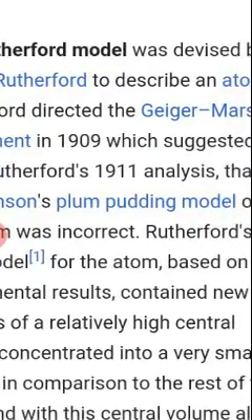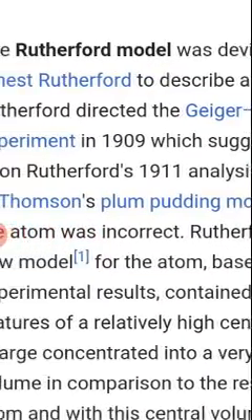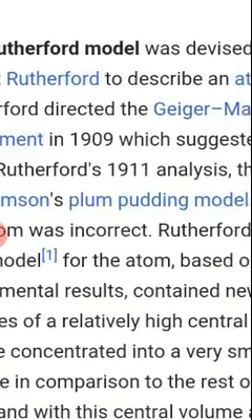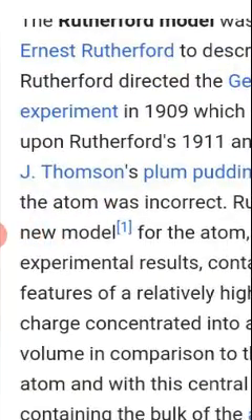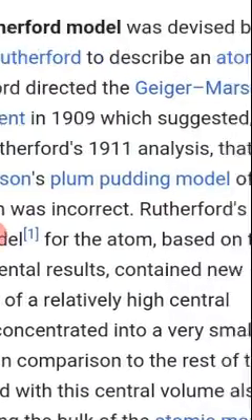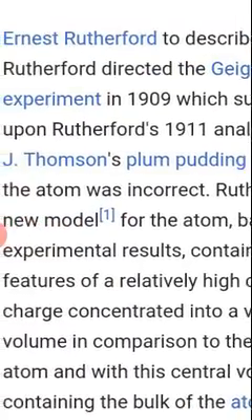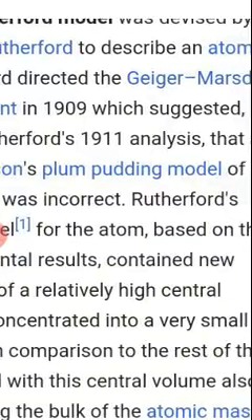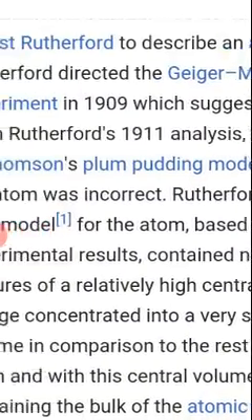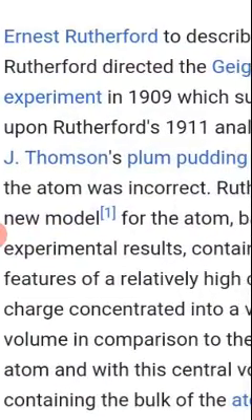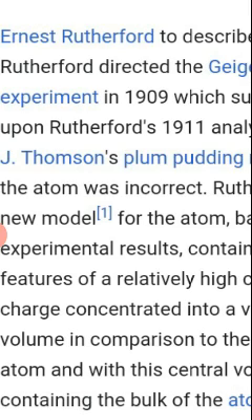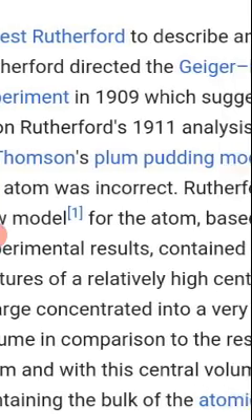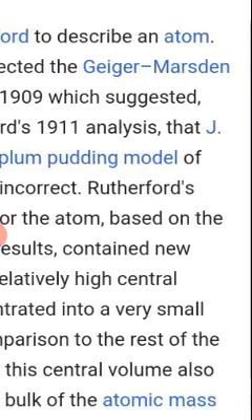Rutherford directed the Geiger-Marsden experiment in 1909, which suggested, upon Rutherford's 1911 analysis, that J. J. Thomson's plum pudding model of the atom was incorrect. I will tell you in detail about J. J. Thomson's model that was incorrect.